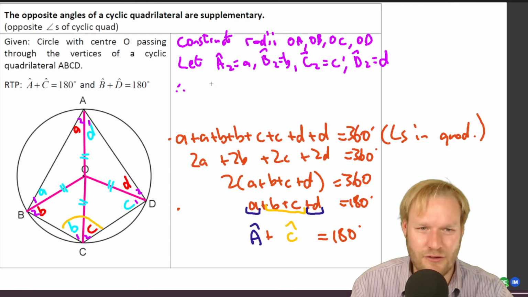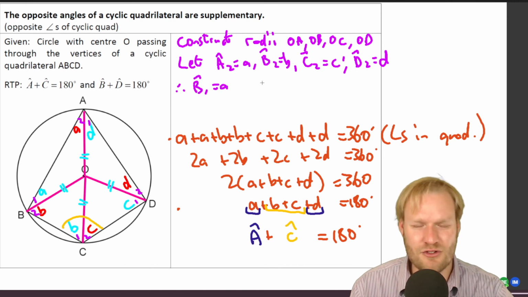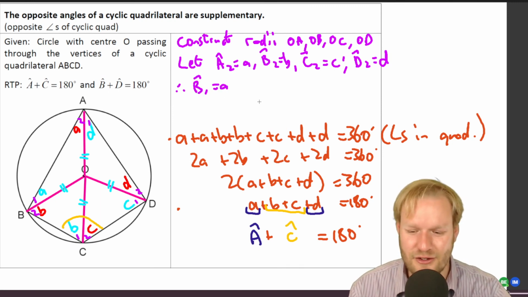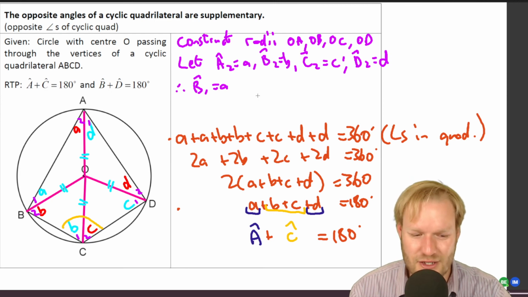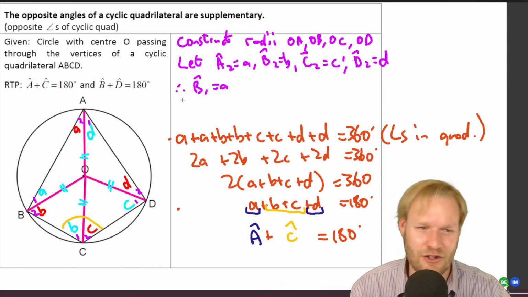And then, therefore, let's just check this. B1 equals A, and I'm going to be a little bit lazy. I think you're allowed to be a little bit lazy on this one. B1 equals A because of isosceles triangle.